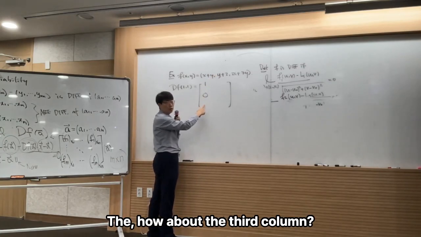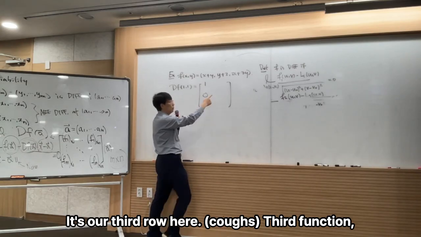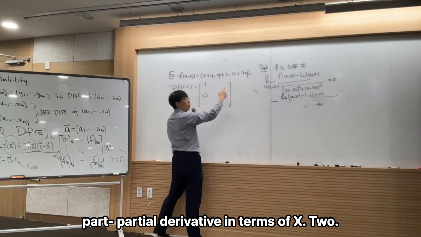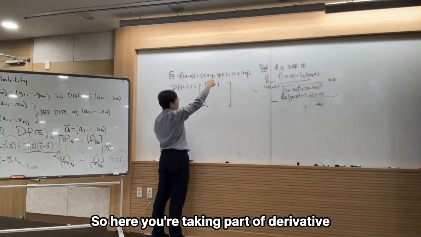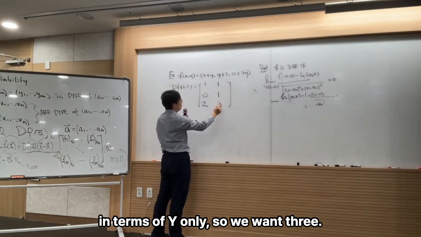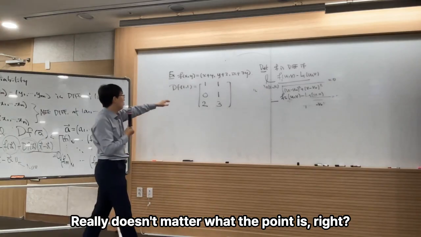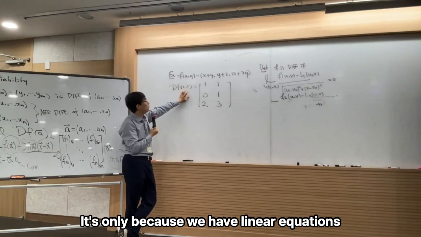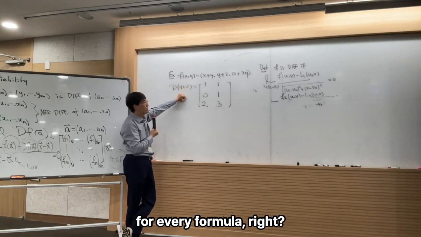Then how about the third row? Third function, partial derivative in terms of x. 2, yeah, 2. You can do the same thing for y, so 1, 1, 3. It really doesn't matter what the point is, right? We don't use this (1, 1) here, right? It's only because we have linear equations for every formula.